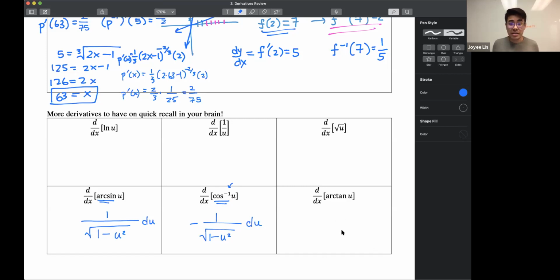And then arctan is 1 over 1 plus u squared du. Questions on those? Just make sure you have those easily accessible in case you need them. I don't think you're going to need them.